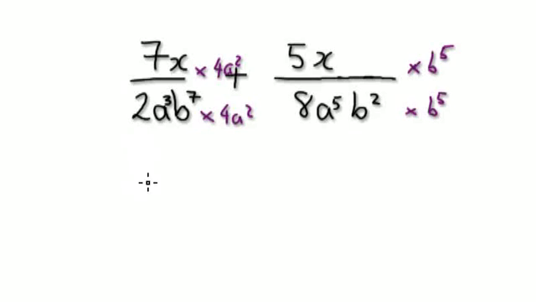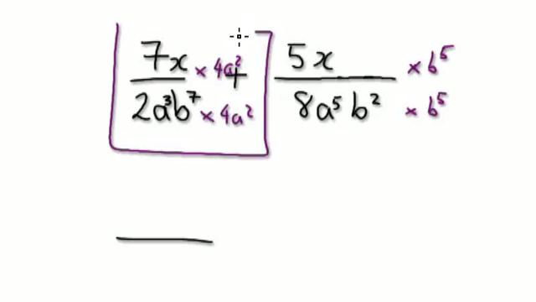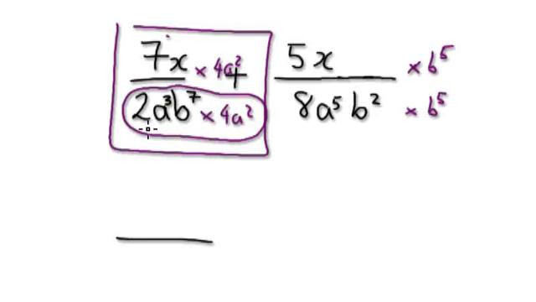So now this fraction becomes, hang on, let's do the bottom part first. The bottom part will be 2 times 4, which is 8. Then the a times the a here, which is a to the power 5, and then you've got b to the power 7.